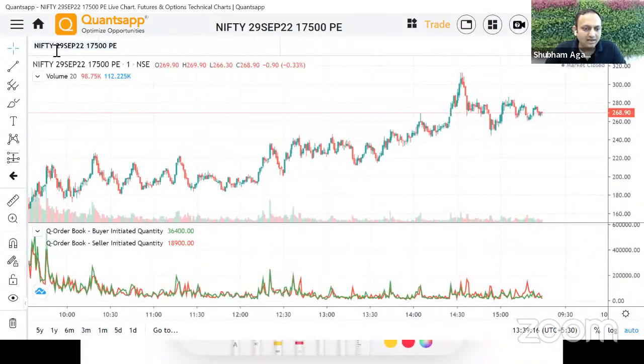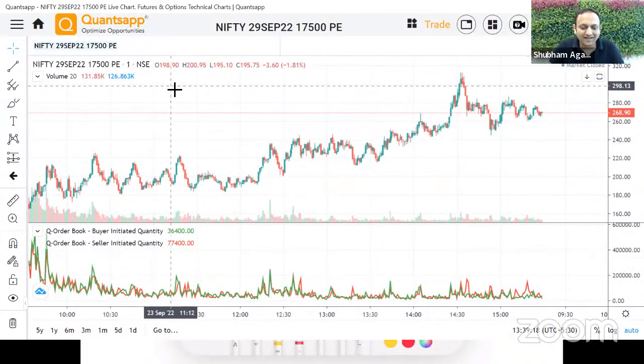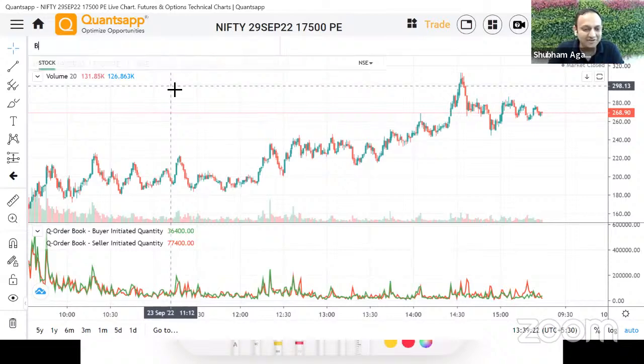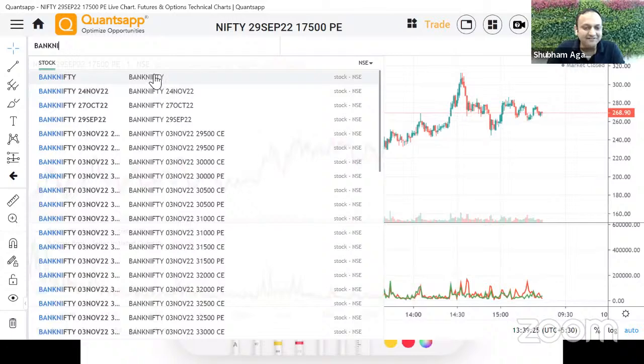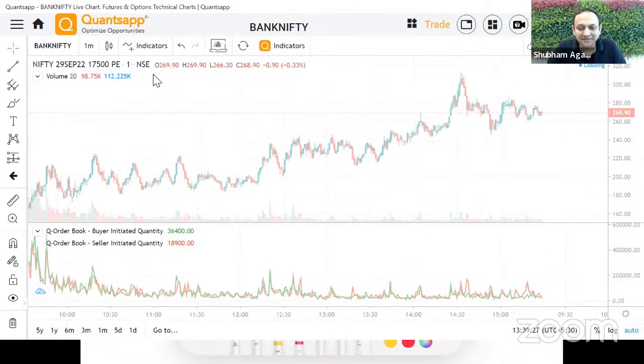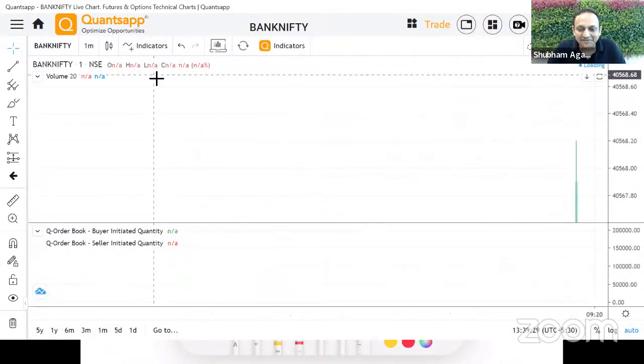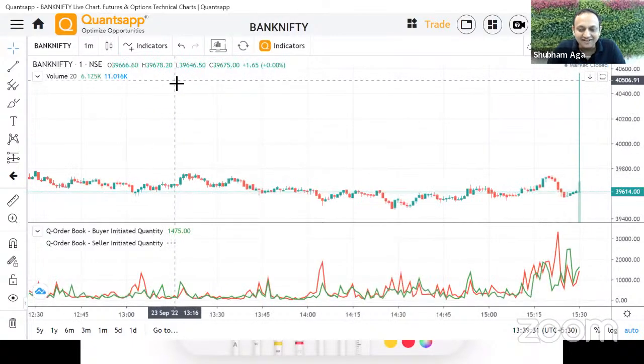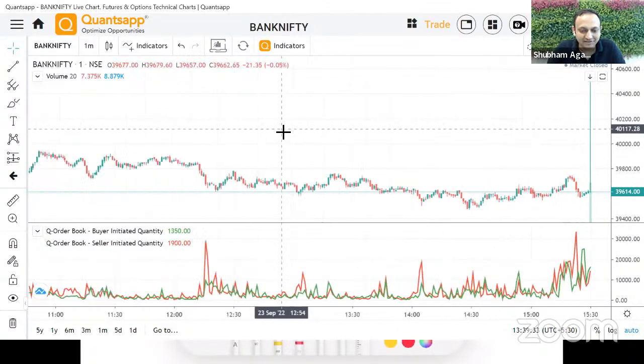So I'm so confident about this data that we can just randomly look at anything, but let's look at your favorite, which is BankNifty, not just your favorite but the entire world's favorite, because this is the highest traded index option in the entire world, right?